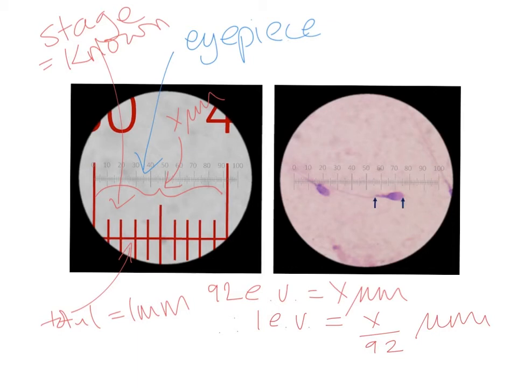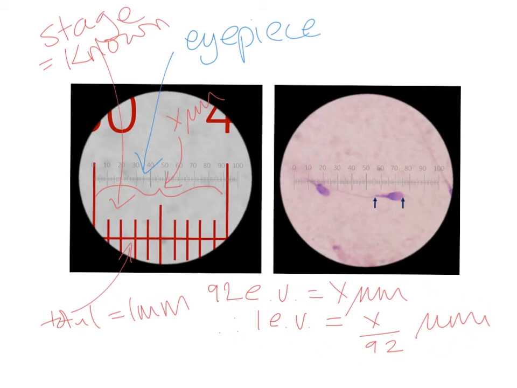When we look at our sample here, the magnification hasn't changed, and the eyepiece scale is exactly the same. So we now know what each individual unit on the micrometer means, because we've got a calibration factor.